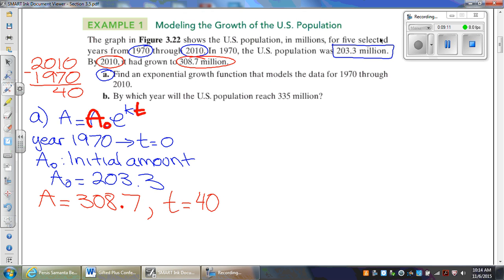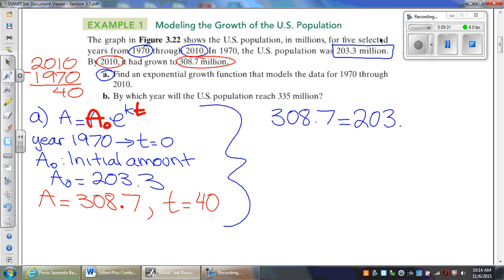So now I'm going to use all that information and substitute it into my formula. For capital A without the subscript, the final amount will be 308.7. For a sub 0, that will be 203.3. And then we will have e to the power k, and for t we will have 40.